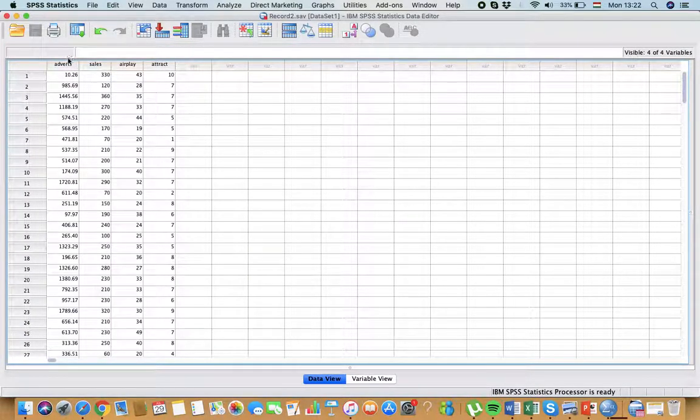And sales are displayed in thousands, so 10.26 means more than 10,000 sales or so.